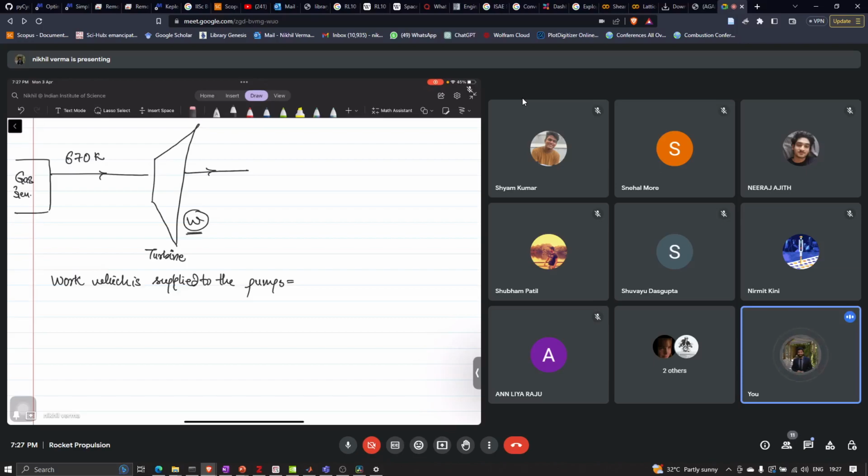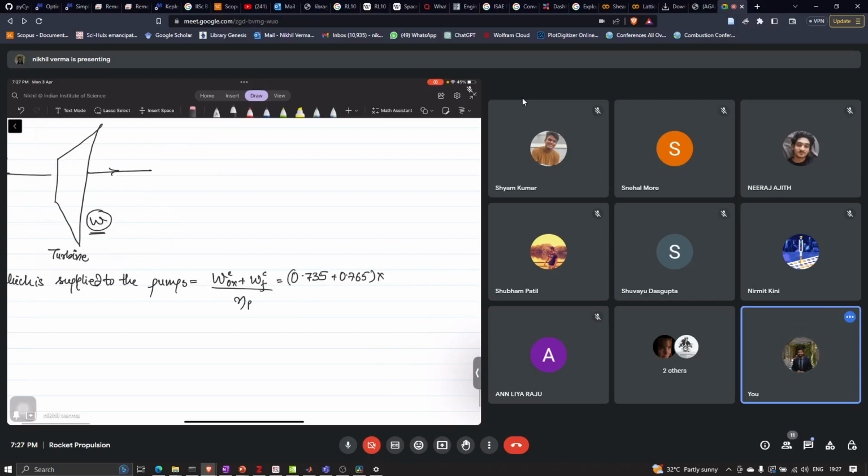So this will be equal to the work of the compressor for the oxidizer and the work of the compressor for the fuel, divided by the efficiency of the pump, right? So with this you will get 735 plus 0.765, into 10 to the power 6. Efficiency of the pump is given as 0.6.